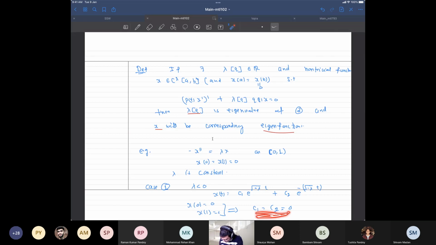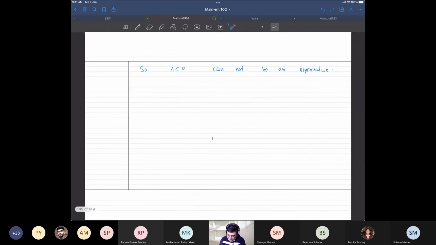If you put C1 and C2 equal to 0, this will be the 0 function. Similarly, if you look at case 2, we take lambda equal to 0, this cannot be an eigenvalue. You know what to do in this case.